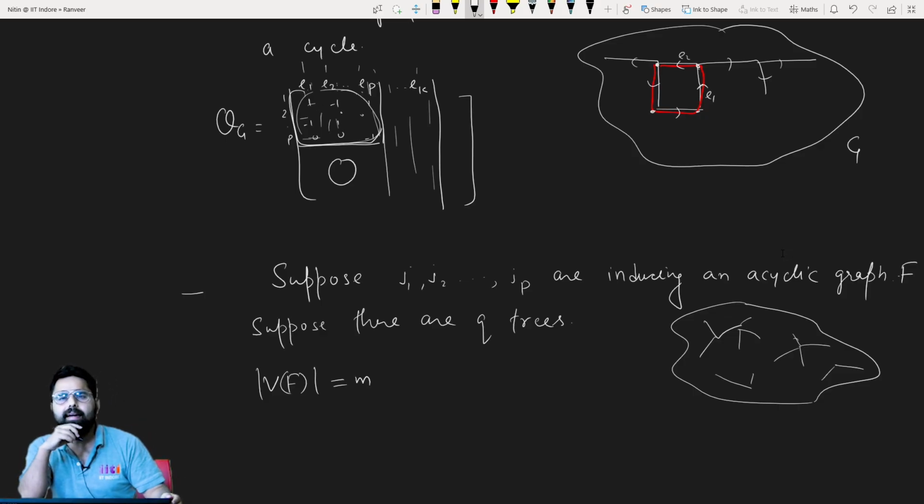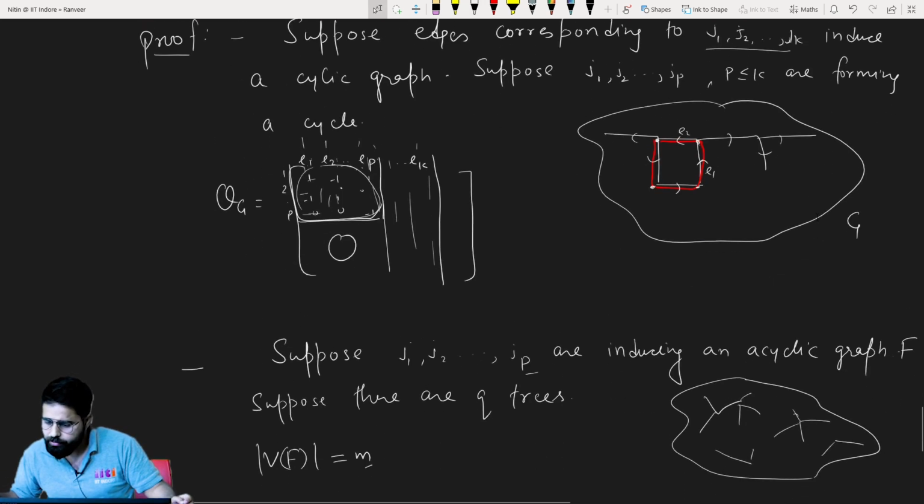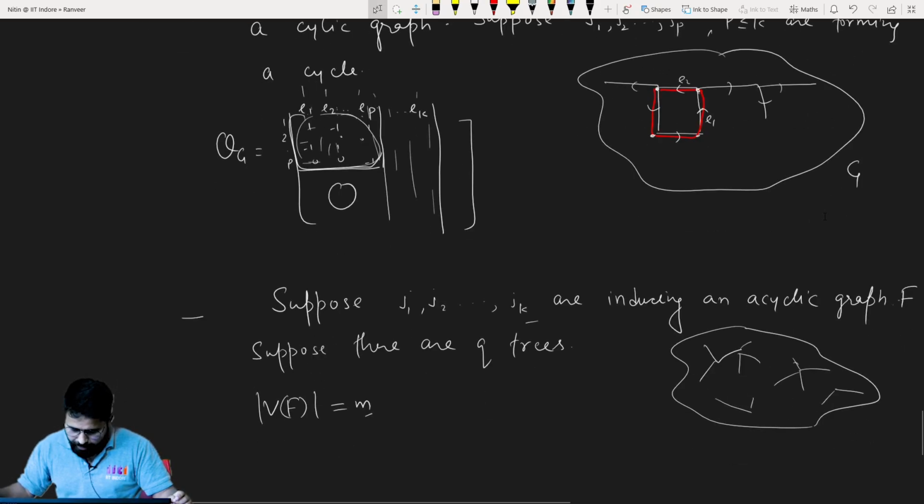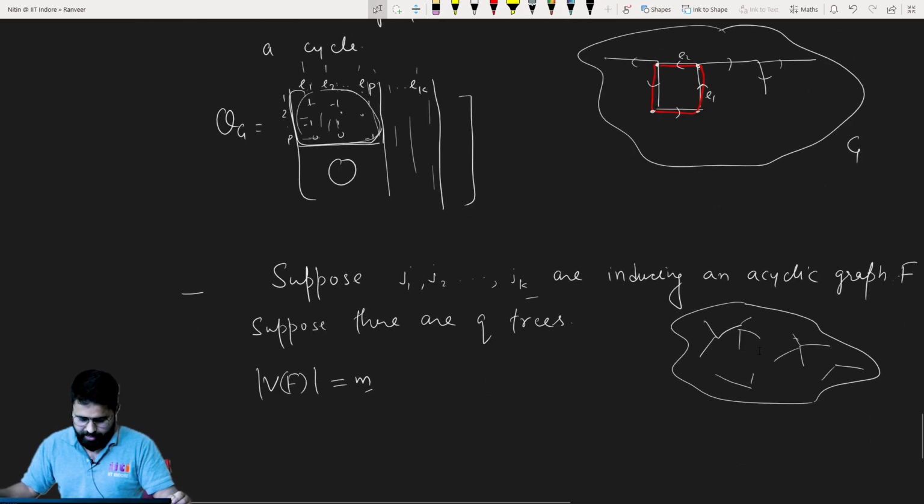I have to use the letter K here rather than P, because I have used P for something else. Sorry about the notation. So what will be the relation between K, M and Q?